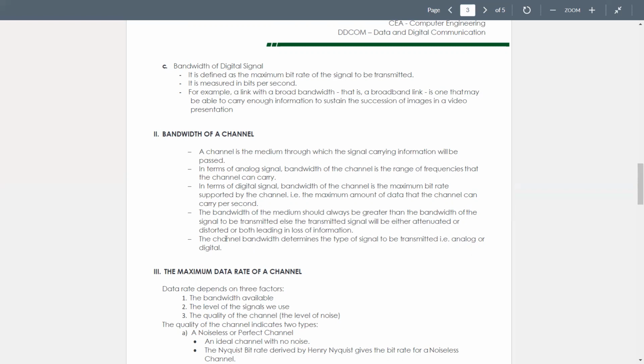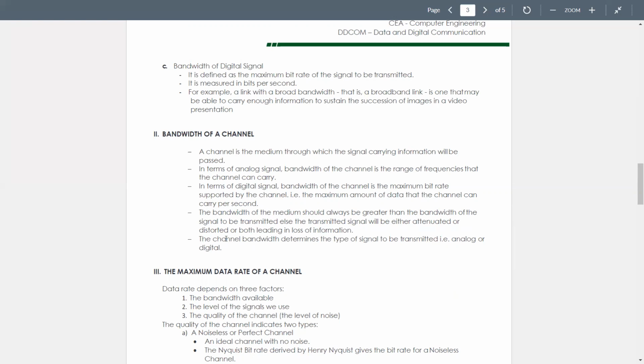They are giving you the bandwidth of the channel, so you would know how much information you can transmit.